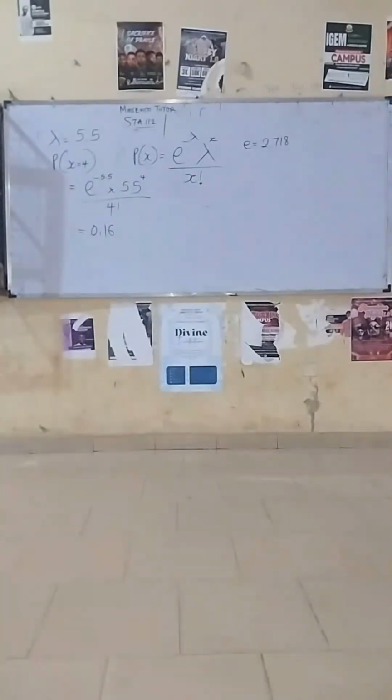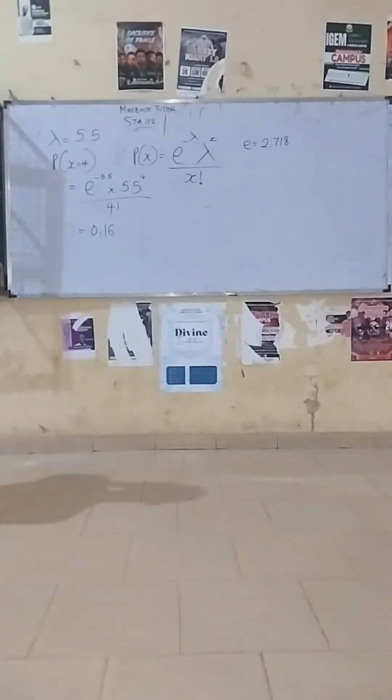Do you get that? If you couldn't use exponential, use e, which is 2.718. So do 2.718 raised to the power of minus 5.5 times those ones. You still get the same answer. So that's for Poisson distribution.